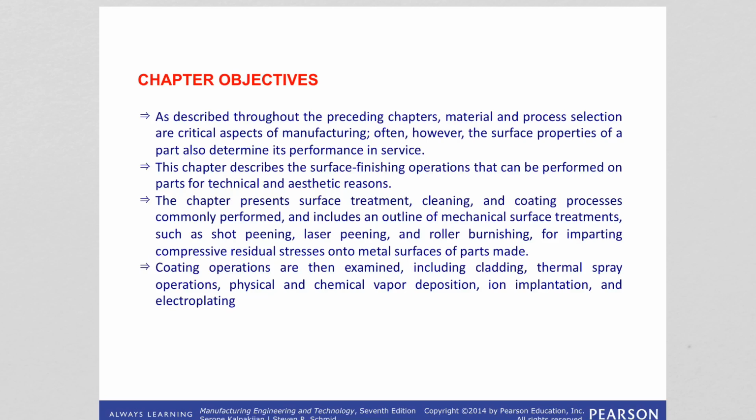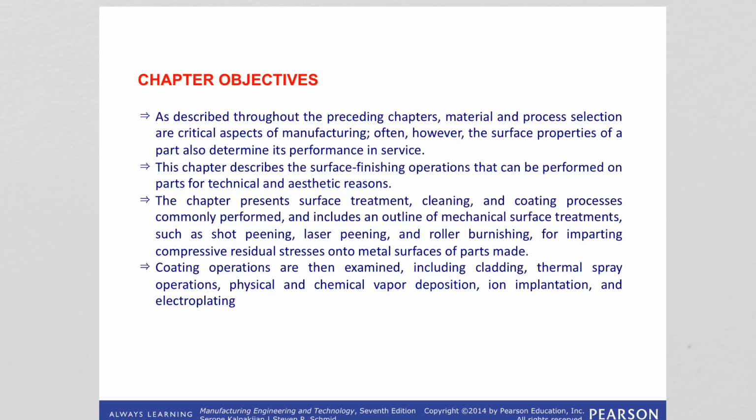Surface properties of a part are also important in determining its performance during service. In this chapter we're gonna take a look at some surface finishing operations that can be performed on parts for technical or aesthetic purposes.